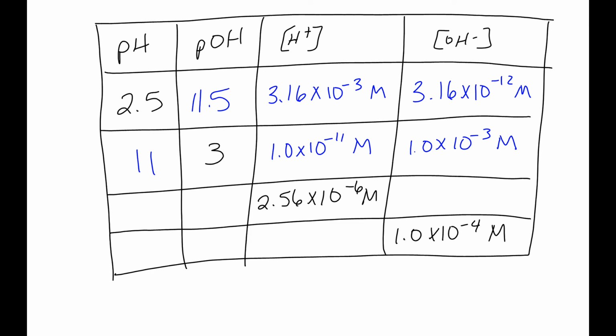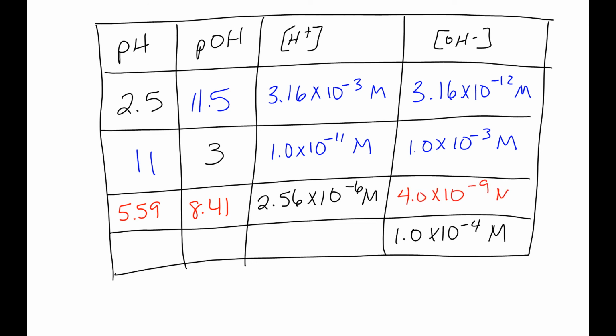Okay, now this one is minus the log of 2.56 times 10 to the negative 6. And we get 5.59. The pOH is 8.41. Now, to get the hydroxide ion concentration, we do have to use the 8.41.